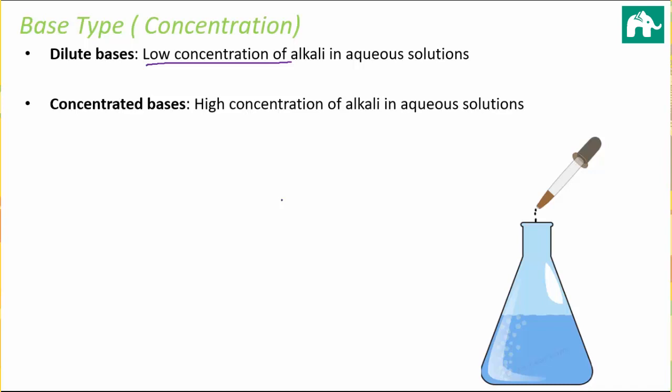Concentrated means high concentration of alkali in aqueous solution. So for example, if you say dilute NaOH, that would actually mean that a lot of water has been added to it. Therefore, the actual concentration of NaOH is very less. So that's dilute. And if you say concentrated NaOH, that means there is no water that has been added to it.